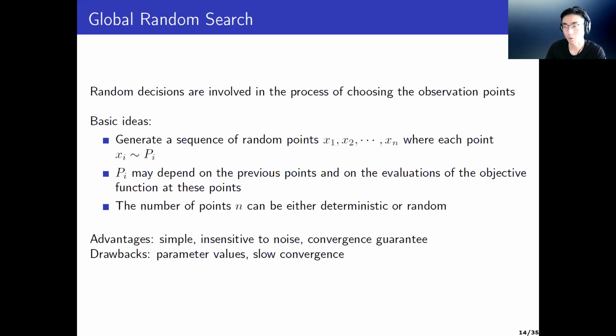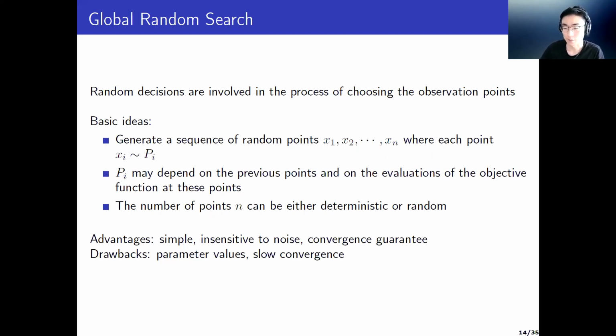Global random search algorithms have some attractive features. The structure of these algorithms is usually simple, and the algorithms are often insensitive to the irregularity of the objective function and the shape of the feasible region. They may also be insensitive to the presence of noise in the evaluation of the objective function.